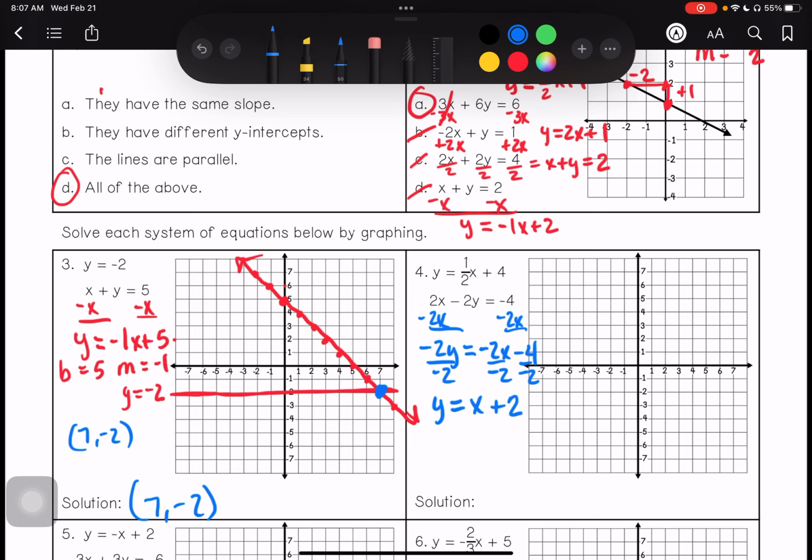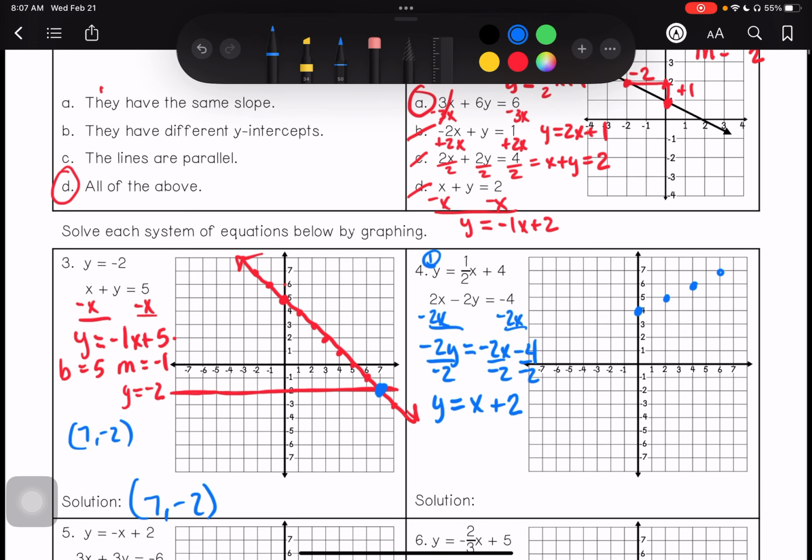So my first equation, I'm going to graph. My y-intercept is 4. I'm going to rise 1 and go to the right 2, or go down 1 to the left 2, and draw this line.